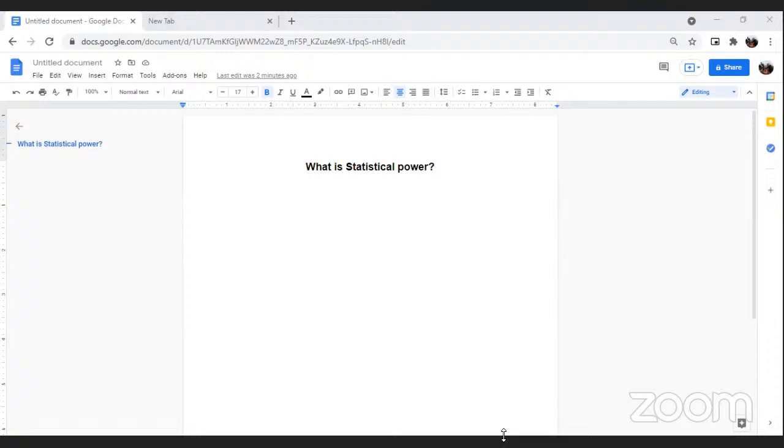And what can we avoid when we consider statistical power?